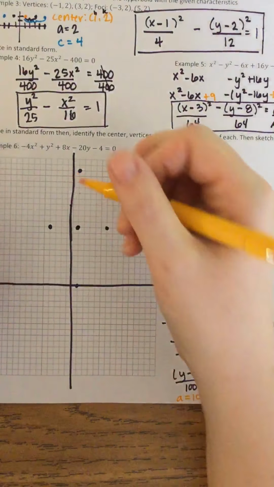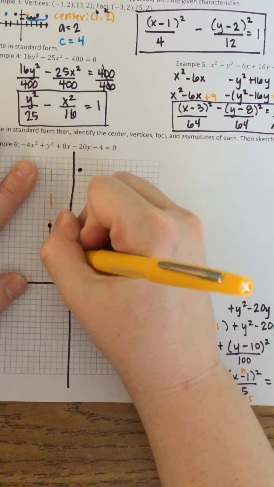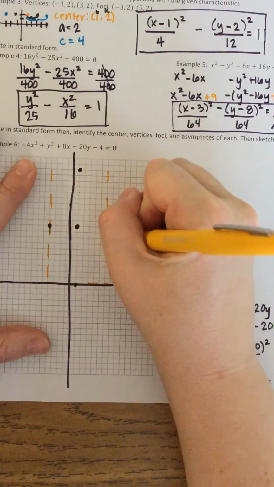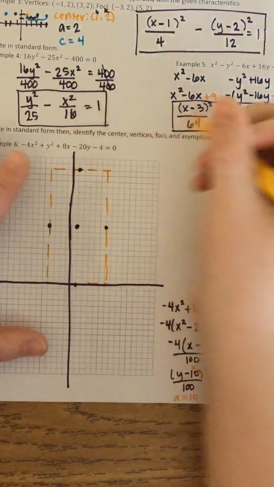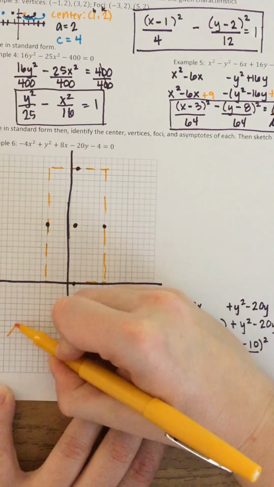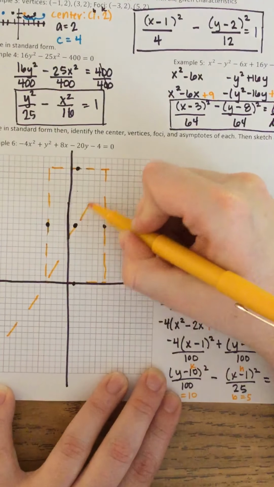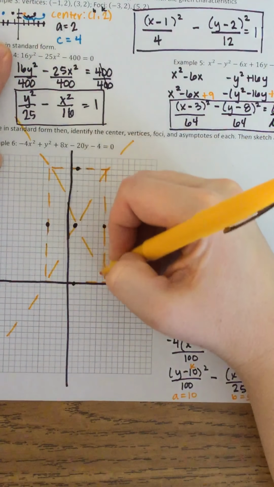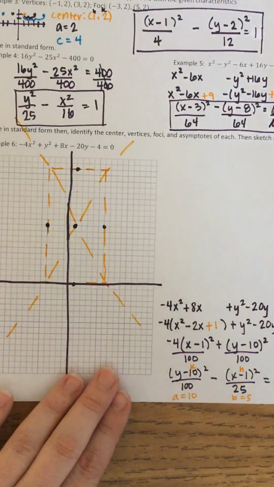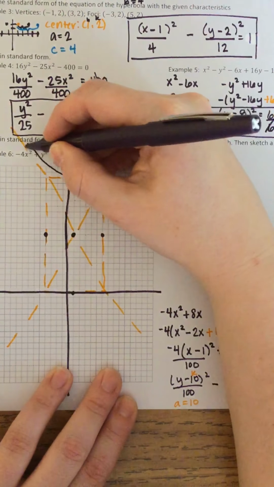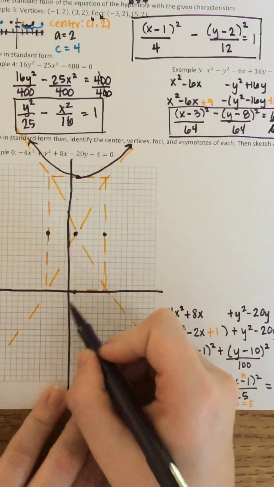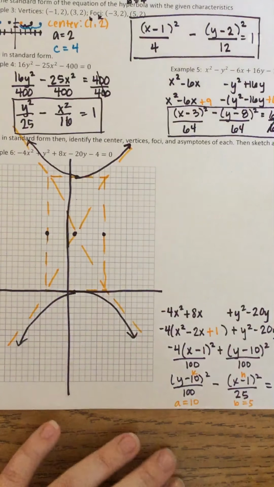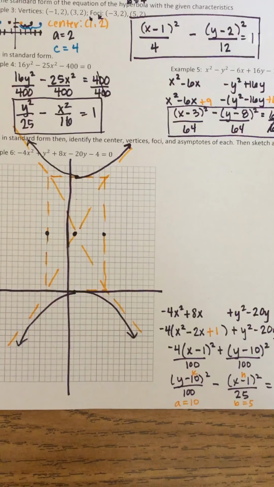So now I have the midpoints of my rectangle, which will also allow me to draw my asymptotes, because remember they go through the diagonals of your rectangle. And this will allow you to draw your pieces going up and down through the vertices, because it was a vertical hyperbola.